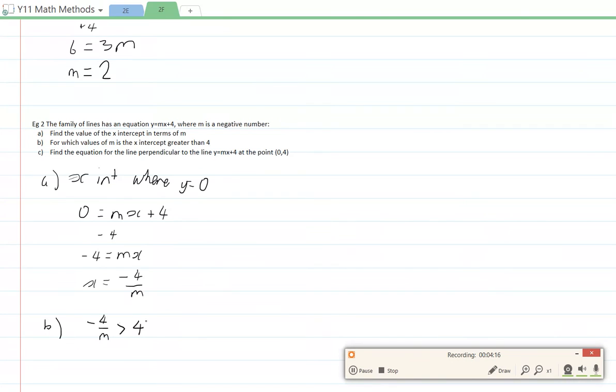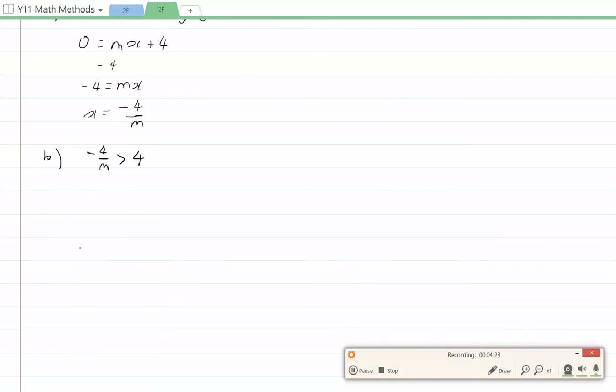So all you need to do is get m by itself. So this is the bit where work on inequalities from chapter 1 comes in handy. So you need to get m off the bottom, multiply by a positive, so the sign doesn't change there. So negative 4 is greater than 4m.